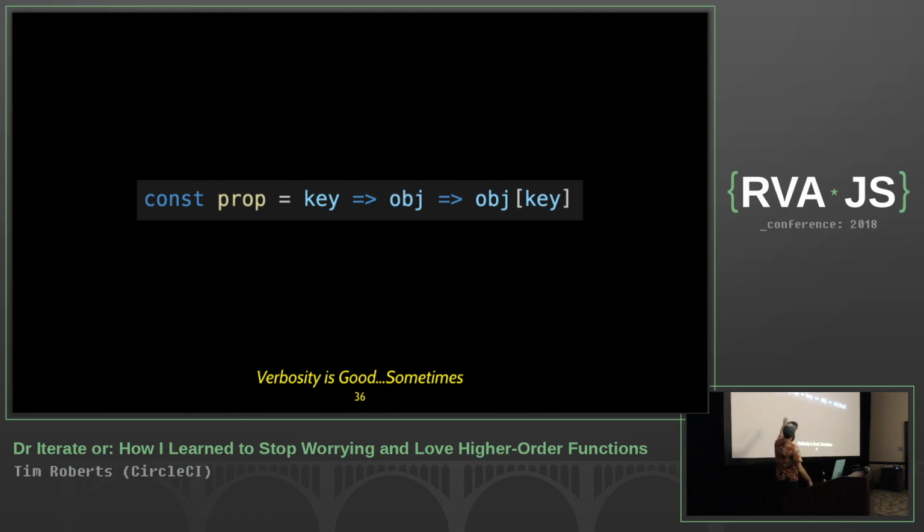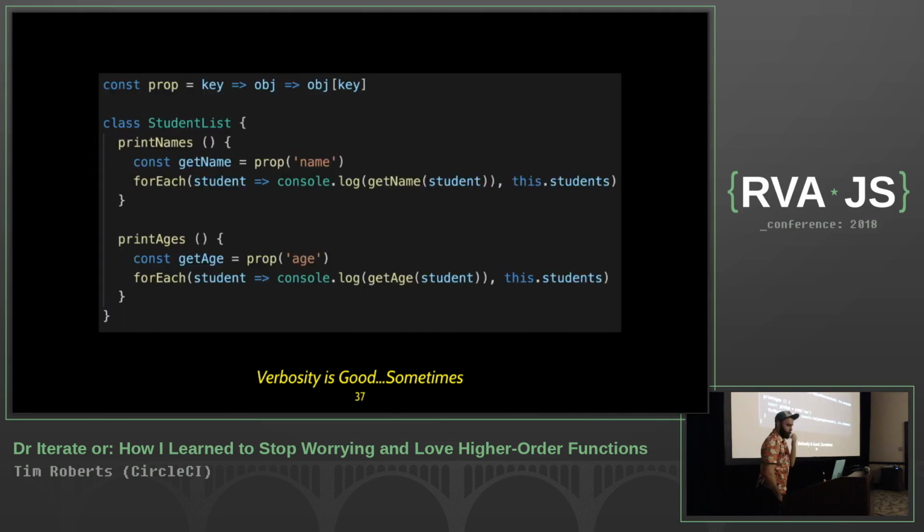So when I call prop, I give it some key value, right? So I say prop name. That returns to me some function. I'm going to call it getName, so I can be really descriptive on what this does, right? So what happens when I pass in this student to getName, that matches the object at the very top.